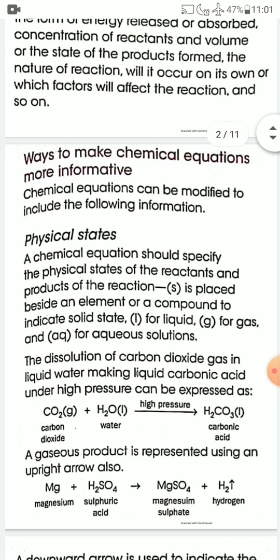A chemical equation can be modified to include the following information like physical state, temperature, pressure, catalyst used. This information must be indicated in the chemical equation.